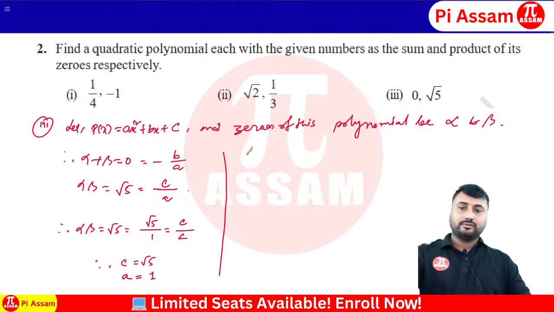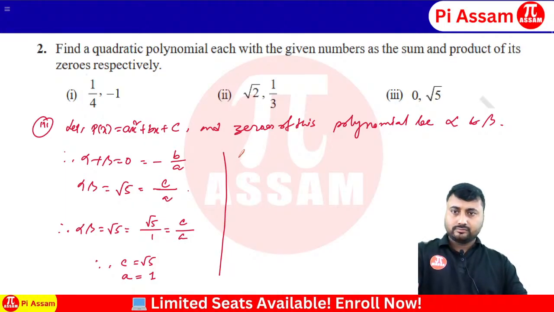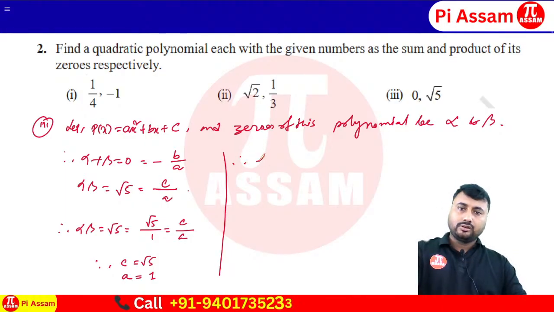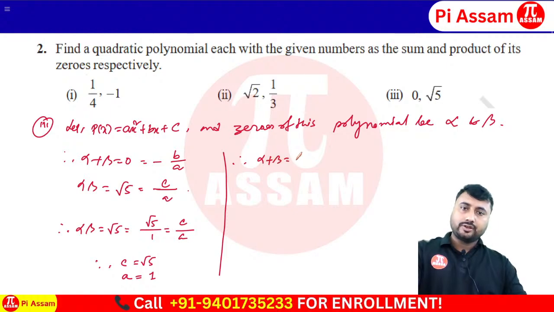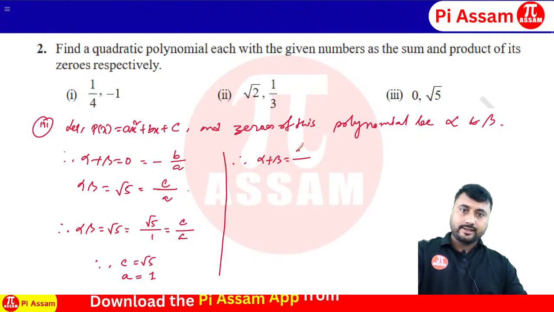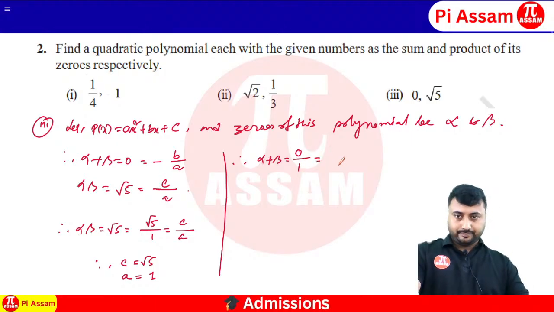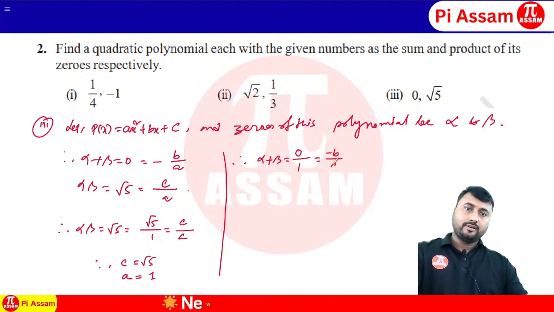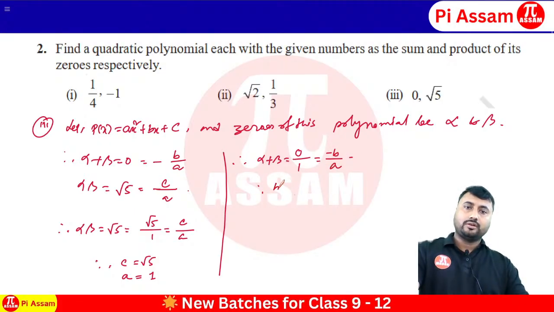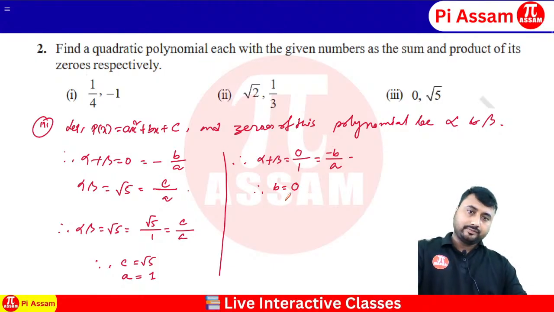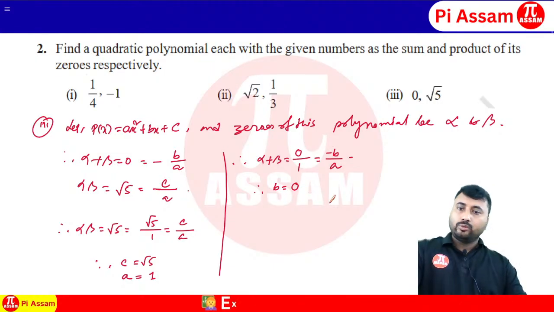Therefore alpha plus beta is equal to 0 by 1, which is equal to minus b by a. Therefore b will be 0, and a will be 1.